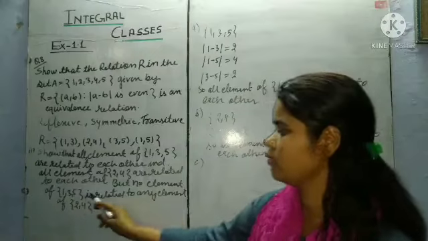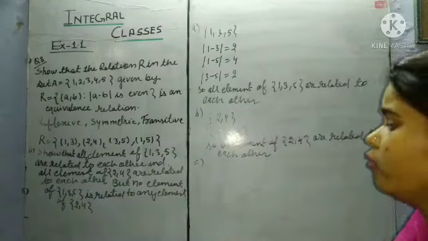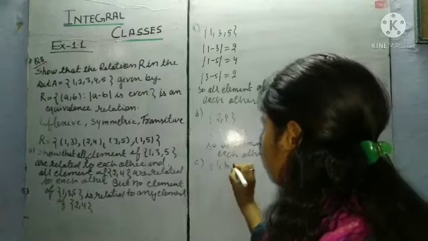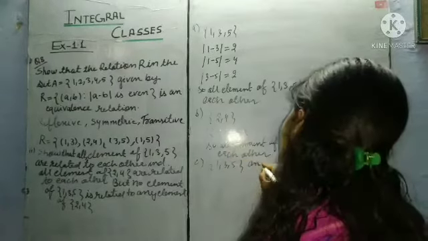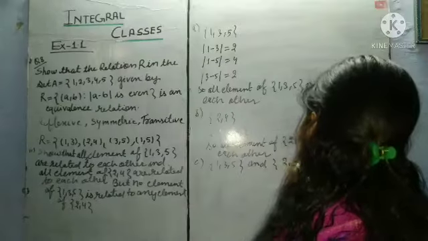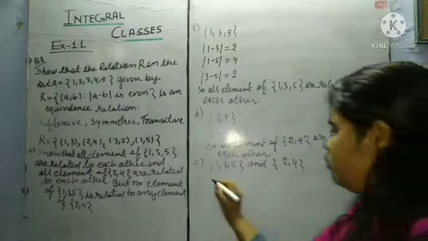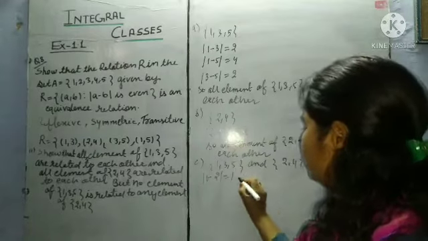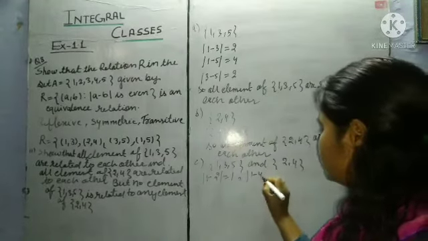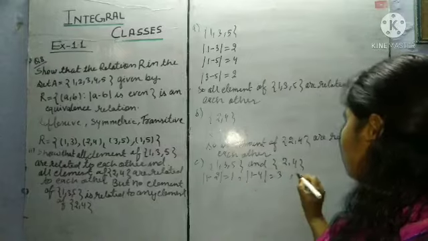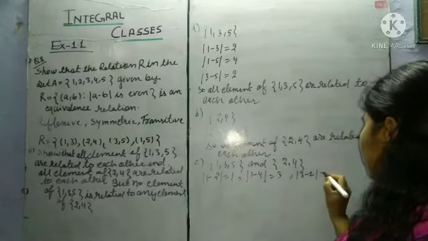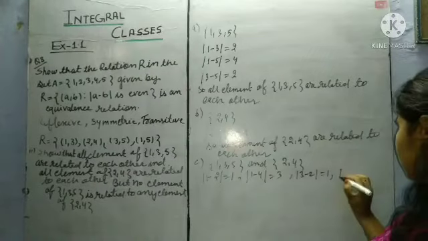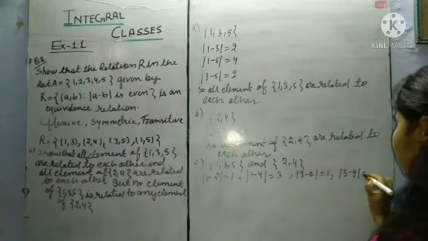Now the third part is: no element of {1, 3, 5} is related to any element of {2, 4}. So for the third part, {1, 3, 5} and {2, 4}: 1 minus 2 equals 1, 1 minus 4 equals 3, 3 minus 2 equals 1, 3 minus 4 equals 1.